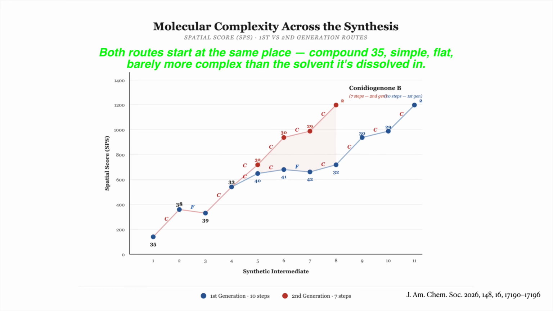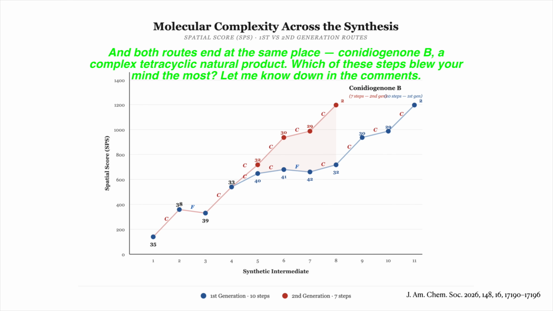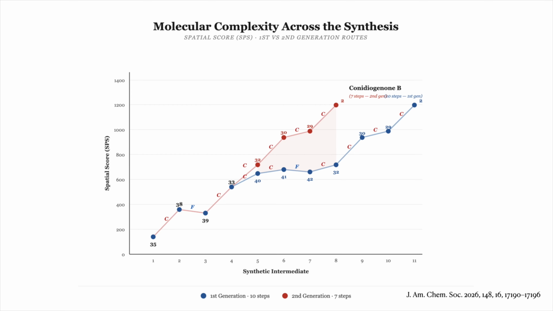Simple, flat, barely more complex than the solvent it dissolved in. And both roads end at the same place. Conidiogenone B, a complex tetracyclic natural product. Which of these steps blow your mind the most? Let me know down in the comments.